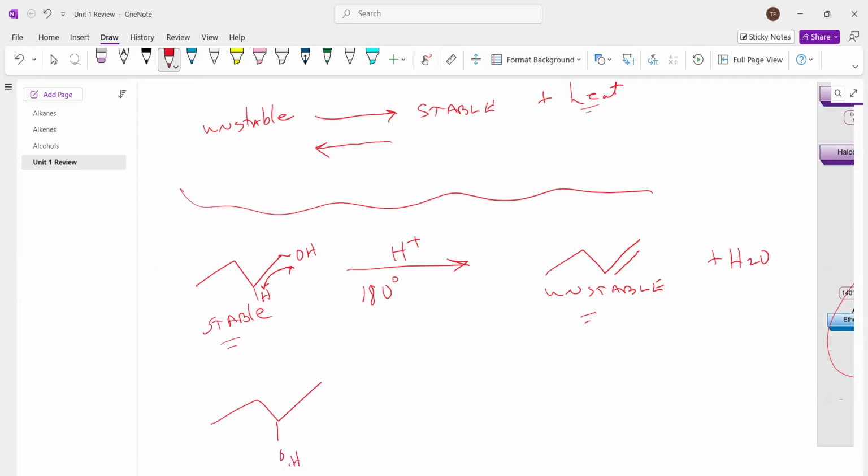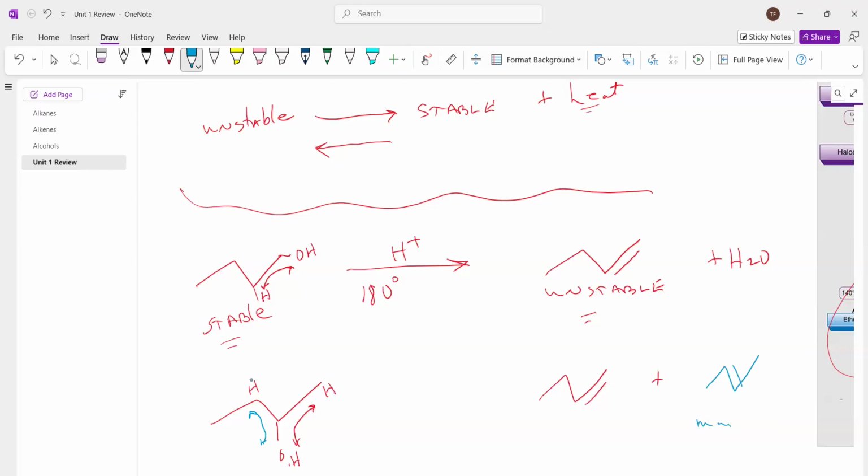If we had this, we would have H there and an H there. Hence, we would have one water here. So we would form this. And we would have one water over here to form an alkene there. The question is which is more stable?